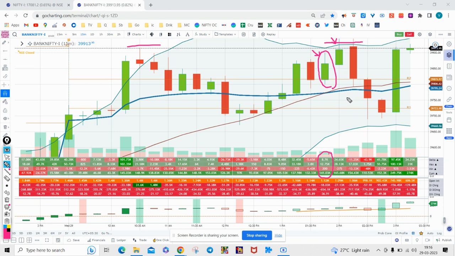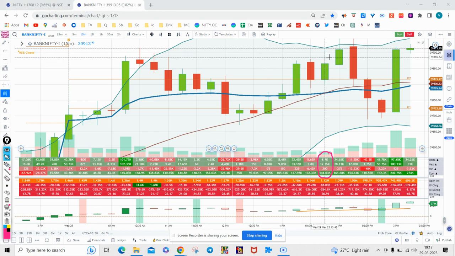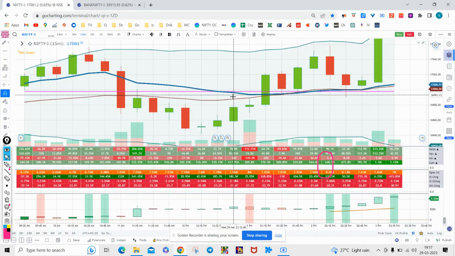And one more concept of order flow confluence is that we must see a similar instrument, which is Nifty in this case, and see what Nifty is doing at that point. Let us go to Nifty at around 2 o'clock. One can easily observe that even Nifty is appearing at the same similar selling zone.